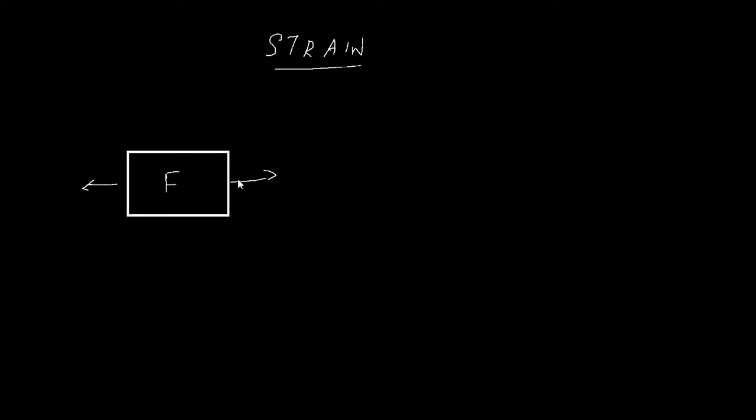If you are applying a force like this, it would probably elongate or change its shape like this. And the rate of this change is called strain. In this case it is happening along this axis. Say for example we can call this axis X.